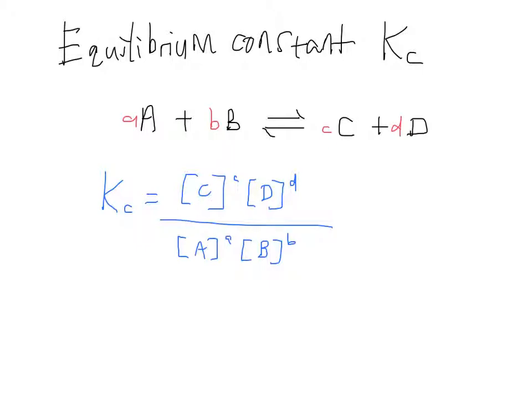But don't forget, product C would be raised to the power of its number of moles, and product D would also be raised to the power of its number of moles, and then this is divided by the reactants' concentrations raised to their number of moles respectively. So that is how we calculate the equilibrium constant.